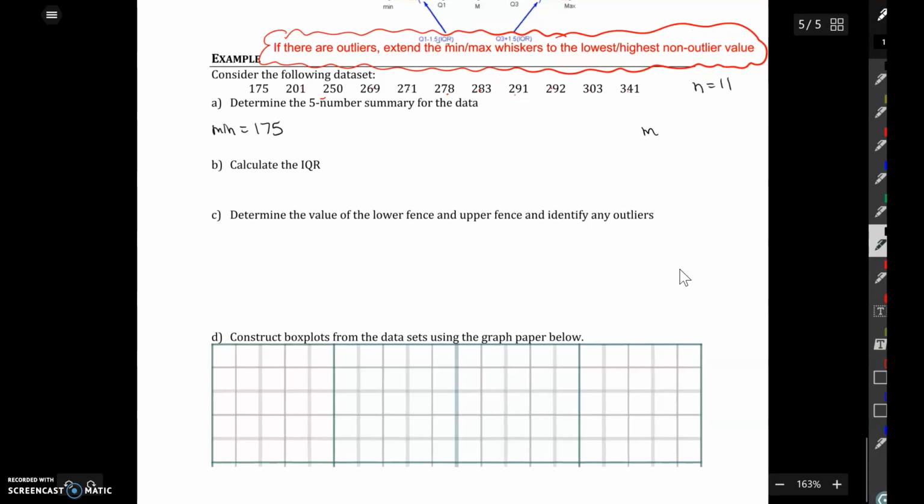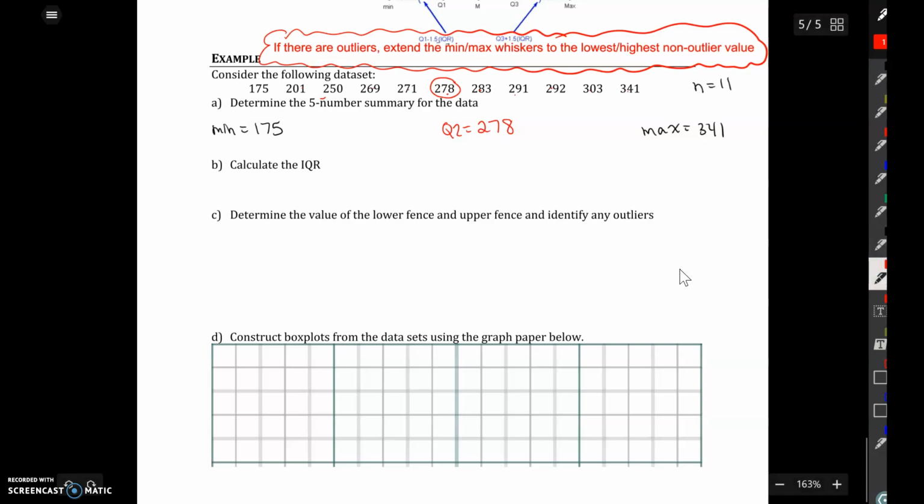Our maximum value is 341, and we'll find that median value, our Q2 value, because we have an odd number data set, by taking the middle number in our data set.